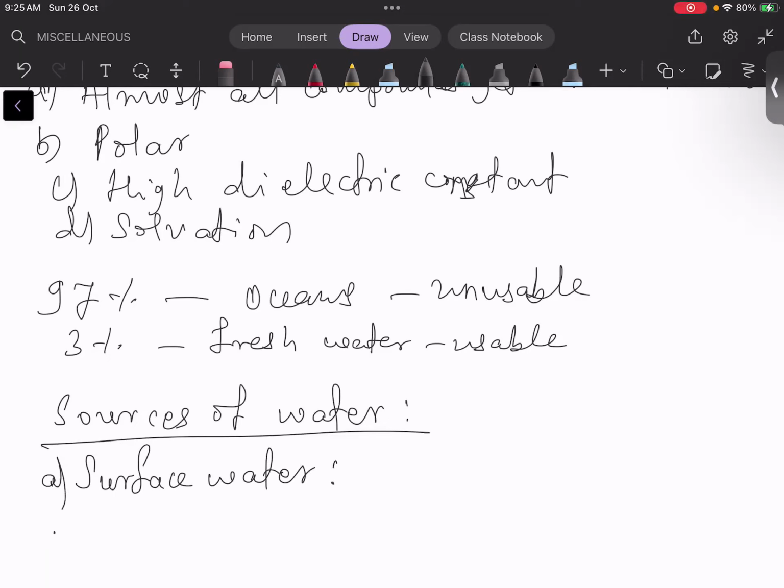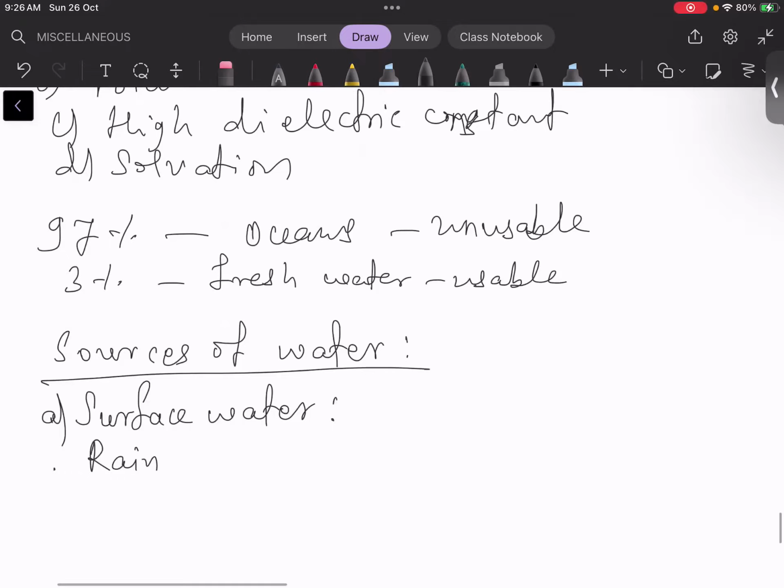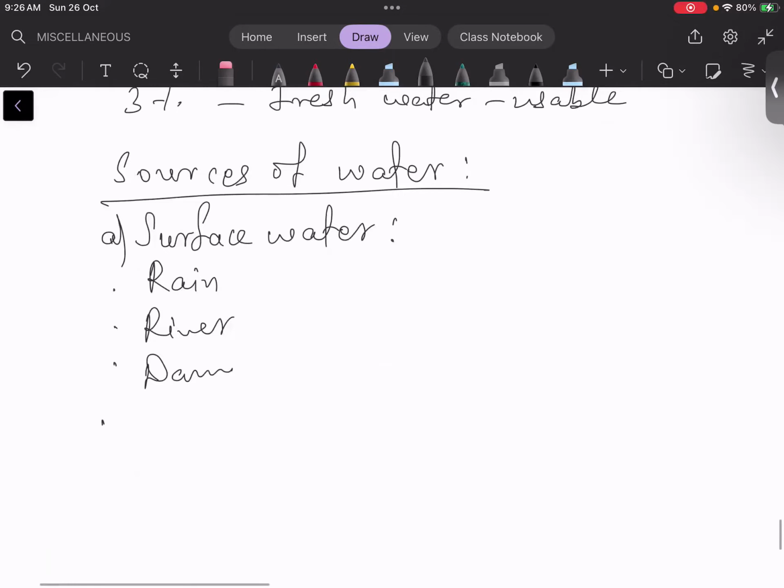Surface water includes rainwater, river water, dam water, ocean water, lake water, then pond water, that is water present in the pond.